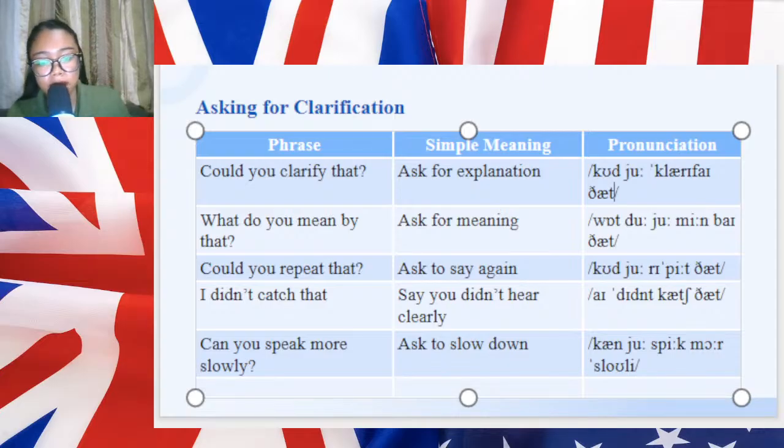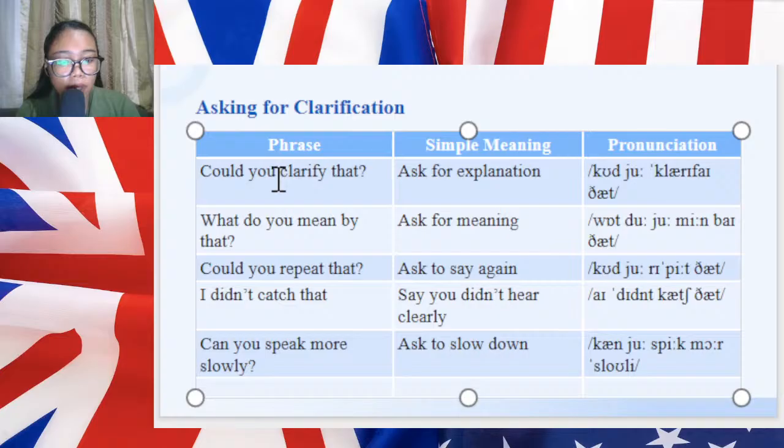Okay? All right. Usually we try to use this when you didn't hear what the speaker said clearly, when the audio quality is poor, or when the speaker talked very fast, or they talked too quickly. Okay? Pronunciation wise, let's have could you repeat that?